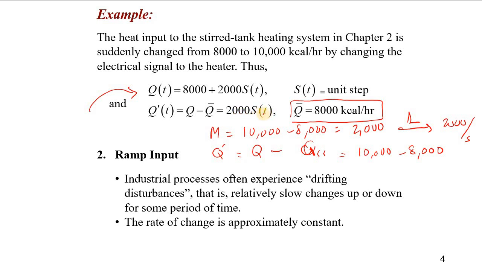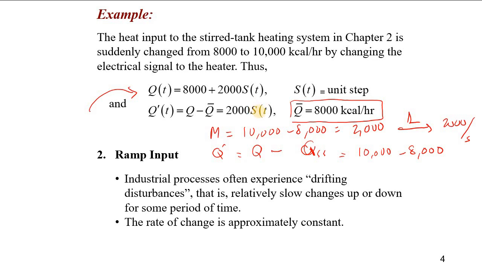Then what is S of t? S of t just tells you at what time it is happening, and it means nothing in the equation. If you remove it from the equation, it just means that it is out of the equation, so don't confuse yourself. But we may use this at some time when we start introducing many step inputs.